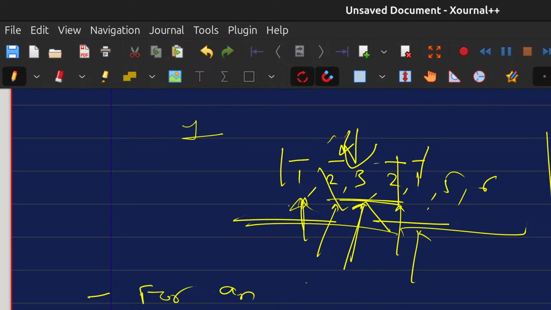So for an array, let's say instead of a string, equality is still equality here, because nums of i is equal to nums of j, right, like this.